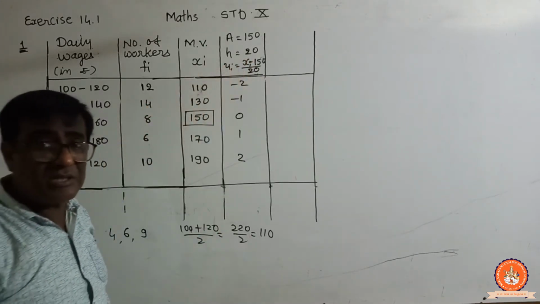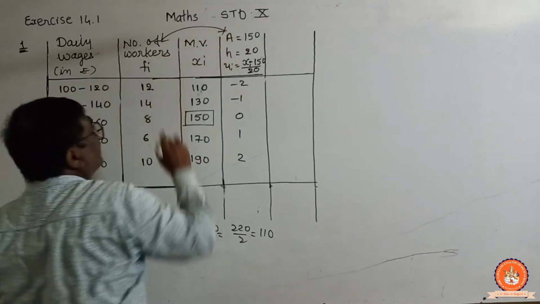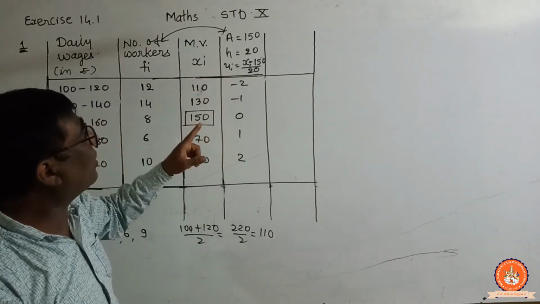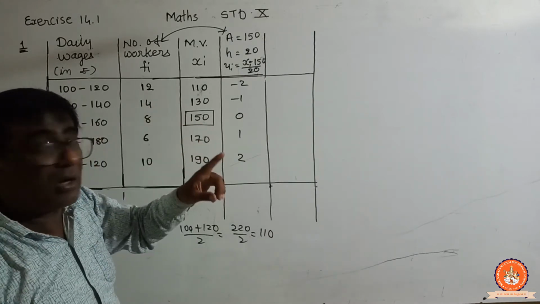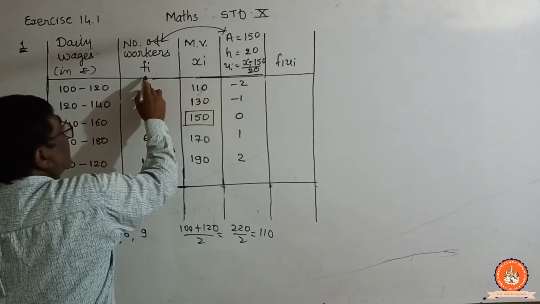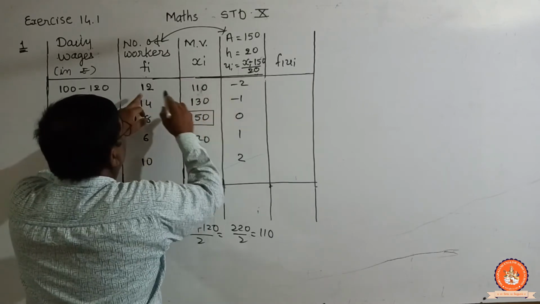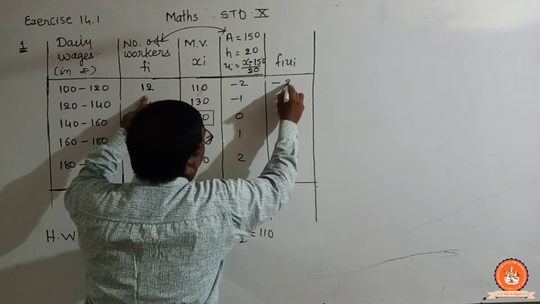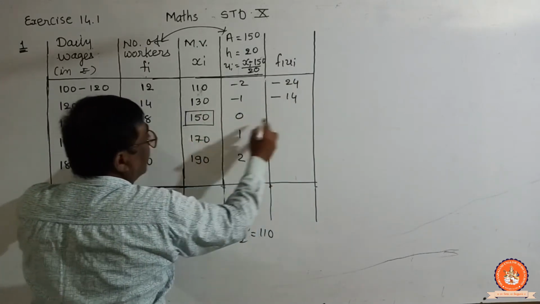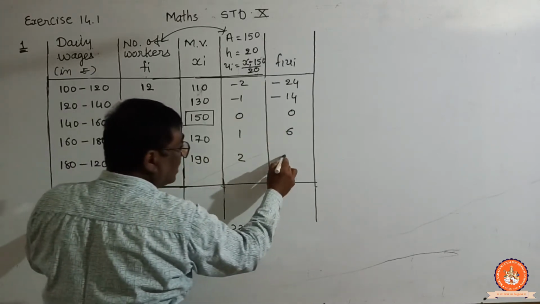Okay, did you understand? Now fi and ui, so don't commit a mistake. Don't multiply these two columns, these two. Always be sure when you multiply two columns that it is fi and ui. Always be sure that this one is the column of fi and this one is the column of ui. So fi into ui: 12 twos are 24 minus, 14 ones are 14 minus, 8 into 0 is 0, 6 ones are 6, 10 twos are 20.